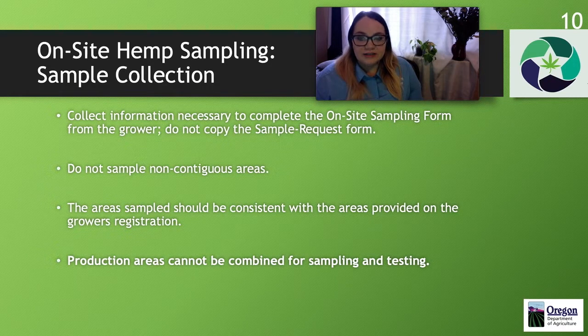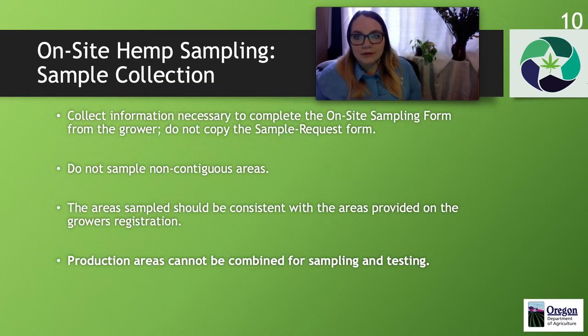The area sampled should be consistent with the area provided on the grower registration. I understand that you all do not see a copy of the grower registration, but just to let you know, whatever areas they have listed on that registration, and the registration application itself is very detailed, that information should directly match the areas that they're getting sampled. When it doesn't, I reach out to the grower and ask them to correct it.